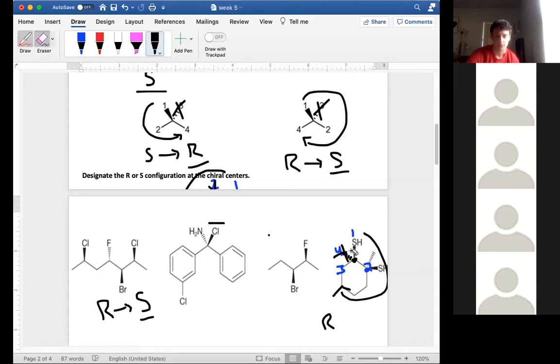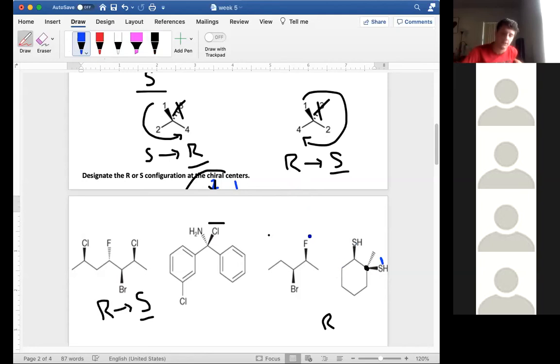All right. So let me clean this up to get to that other one. Looking at this other one, like the last one, our number 1 priority is this sulfur. Now this one's a little tricky, right?